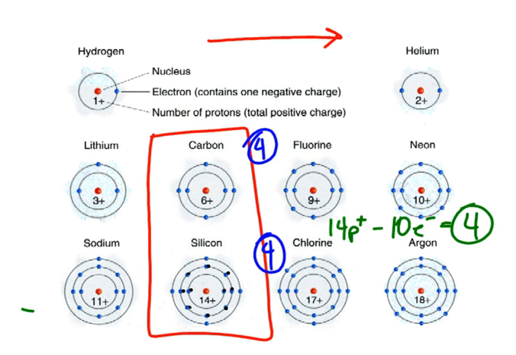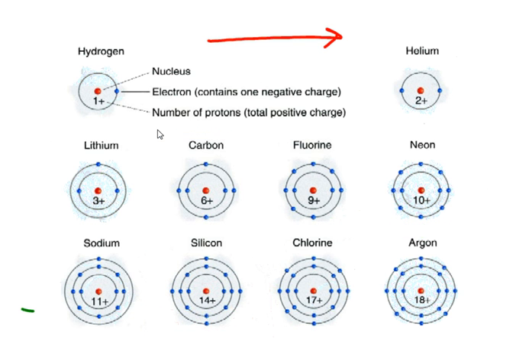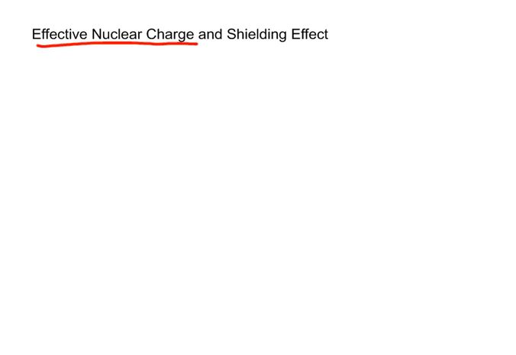Okay, so let's go ahead and move. Let's do some erasing here. And we're going to go back to our first slide where I now want to talk about shielding effect and how shielding can play a role in atomic radius and ionization energy. Of course, I'm sure you guys can discern there is a connection between effective nuclear charge and shielding effect.